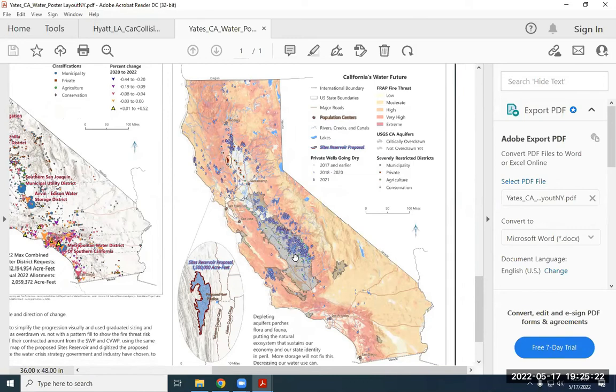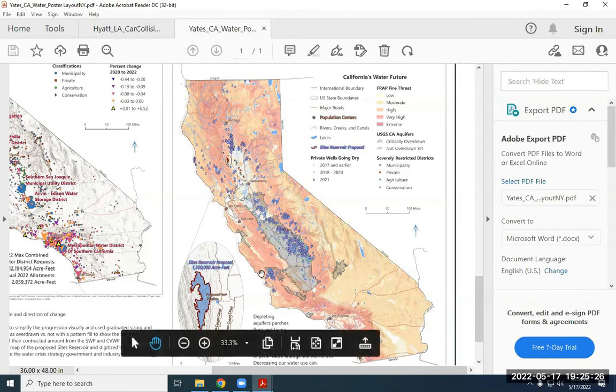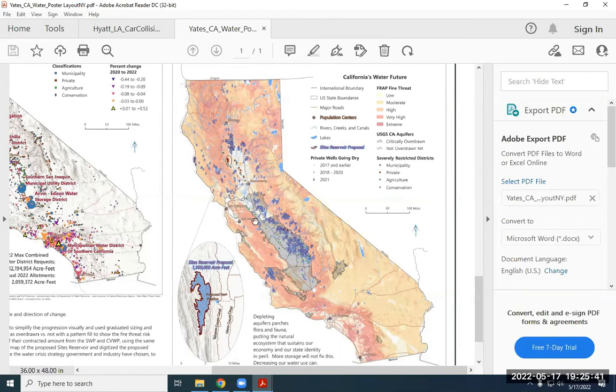This is just self-reported, where people's wells are going dry. And then here, the aquifers that are critically overdrawn, you can see a ton of these wells are in those. And then you can also see where these municipalities and agricultural districts have been told you can have 6% or less of your allotment for the year.